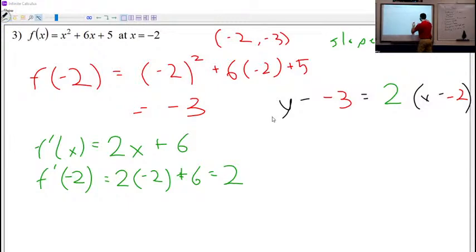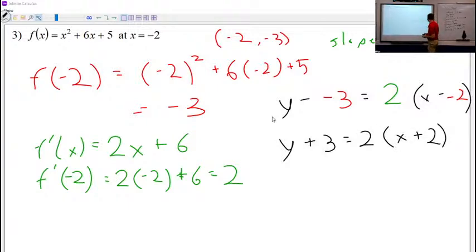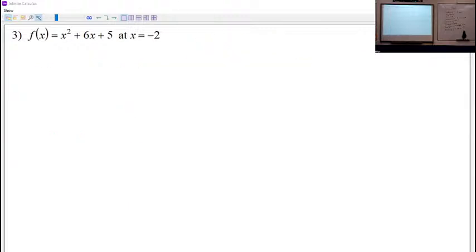So our final answer here is y plus 3 equals our slope of 2 times x plus 2. Okay.